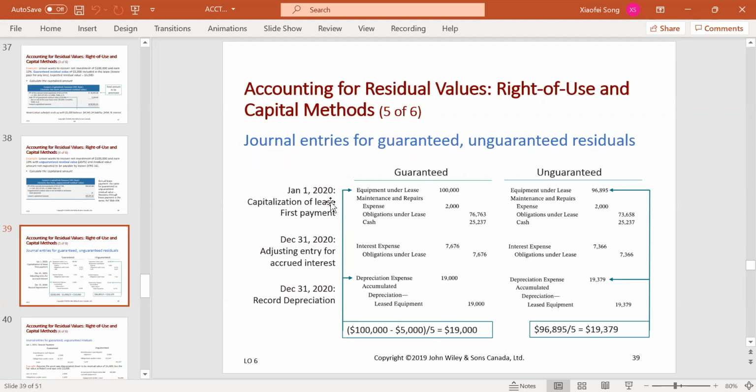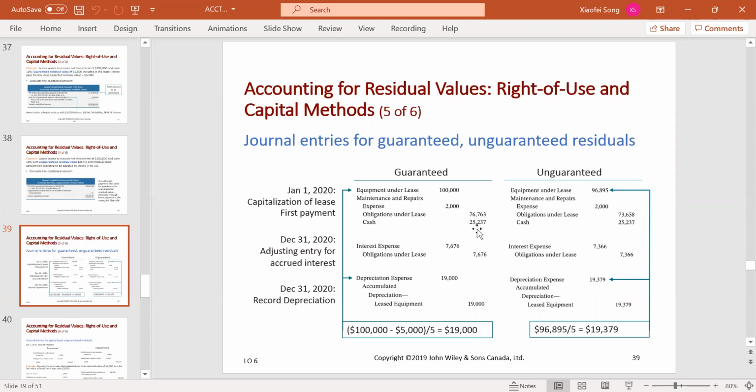On January 1st, that's the commencement of the lease and the first lease payment. If the residual value is guaranteed, the amount capitalized for the asset is 100,000. The term used is ASPE's term. And we still assume that the 2,000 executory cost will be paid by the lessee to the lessor.